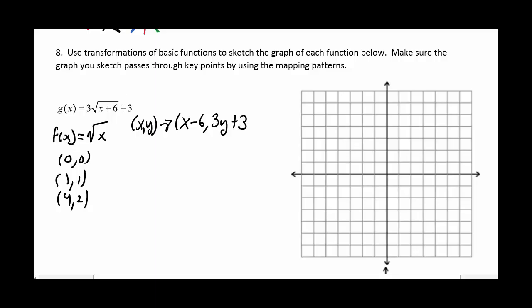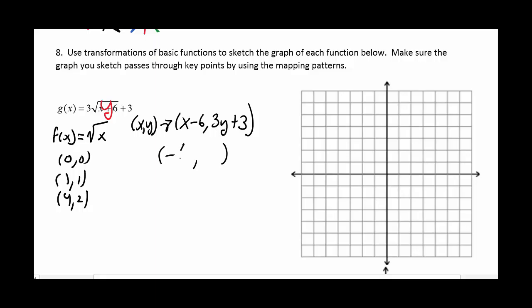One idea that's actually not too bad is once you've figured out what the parent graph looks like, you can go in and replace the square root with the letter y, and that tells you what the mapping is for, at least the y component. Then I'm just going to plug those points into these transformation rules, and that'll give me a new point.